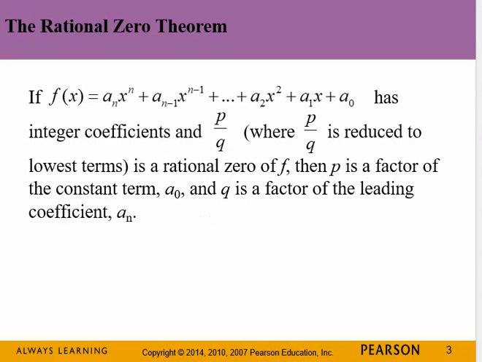Now, this is the rational zero theorem developed. Basically, we're going to take the letters P over Q to find all the potential zeros. That's where this comes from, and we're going to show you the protocol for that as we go on.